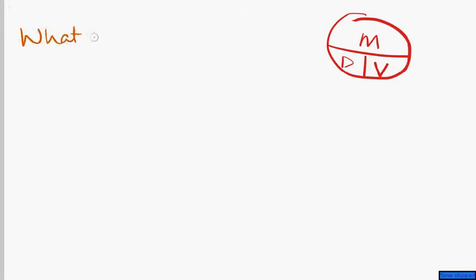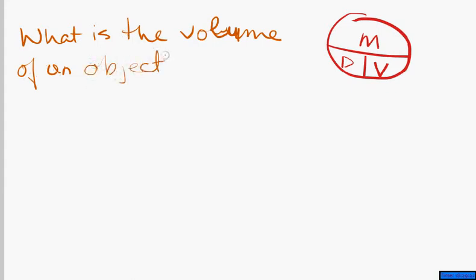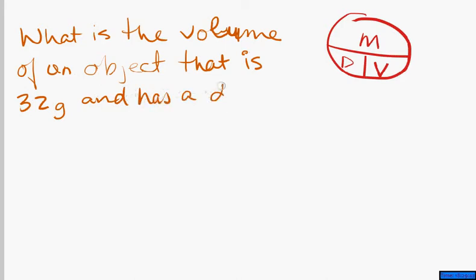What is the volume of an object that is 32 grams and has a density of 0.8 grams per milliliter.